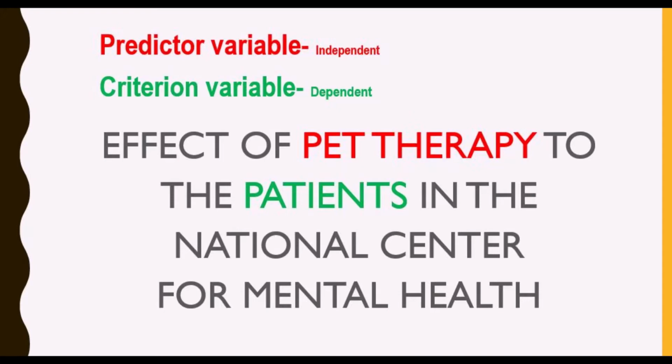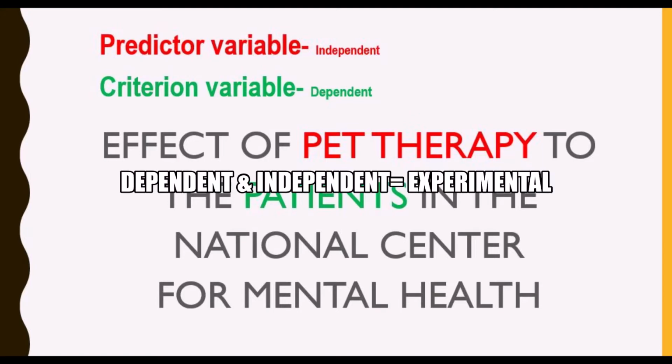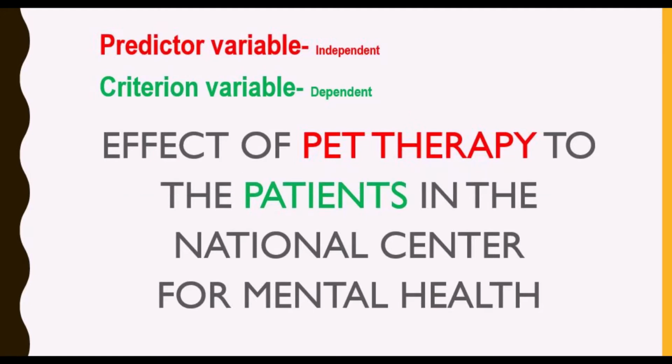Now let's have non-experimental variables. We have predictor and criterion. Take note that in experimental research, we have the aim of making change on the dependent variable using the independent variable. Oppositely, in non-experimental research, our goal is only to know how the criterion variable was affected by the predictor variable.